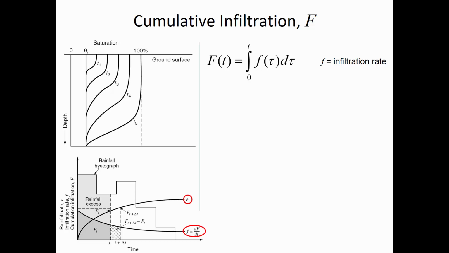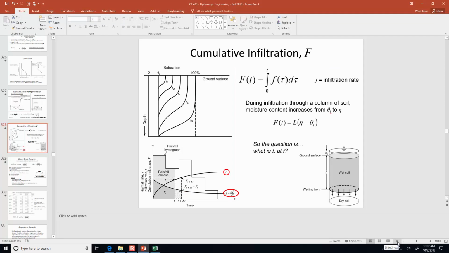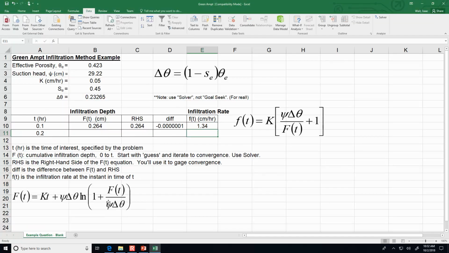So the infiltration rate shortly after the storm starts should be higher than the infiltration rate later. So that's the reasonableness that we need to be on the lookout for when we solve for the time step. Time is 0.2 hours. We're hoping that the infiltration rate went from relatively high to a bit lower. So let's see if that's the case by now dragging down from 0.1 hours.